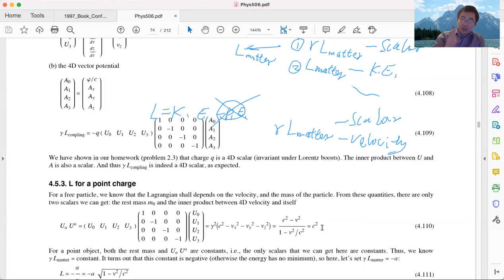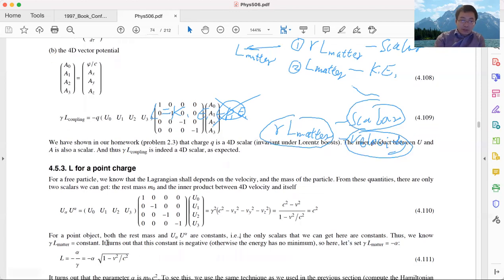In other words, this gamma times L matter must be a constant. Because we need to use velocity to build scalars, and the only scalar velocity can build is the speed of light constant. So from this observation, we immediately conclude that gamma times the Lagrangian of matter must be a constant.